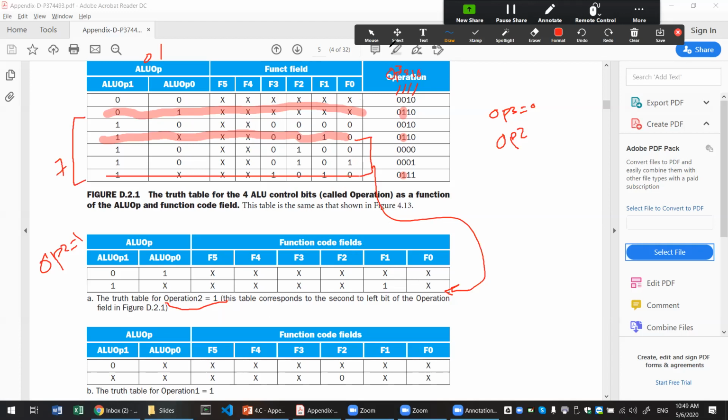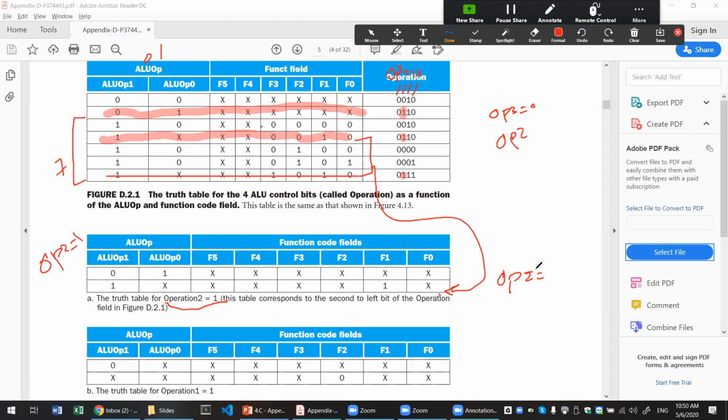Now completely forget about the top and look at the bottom. How can you write an expression that would tell me that OB2 is equal to 1? ALU op 1 not, and ALU op 0 or ALU op 1, and F1.